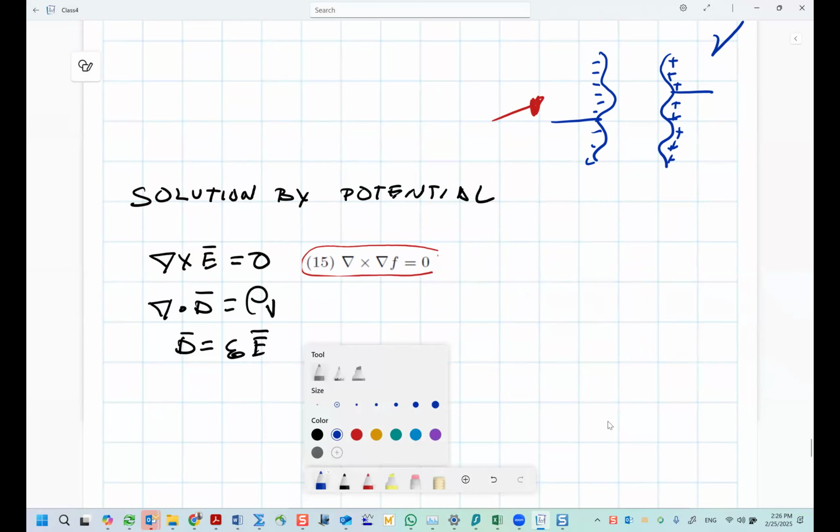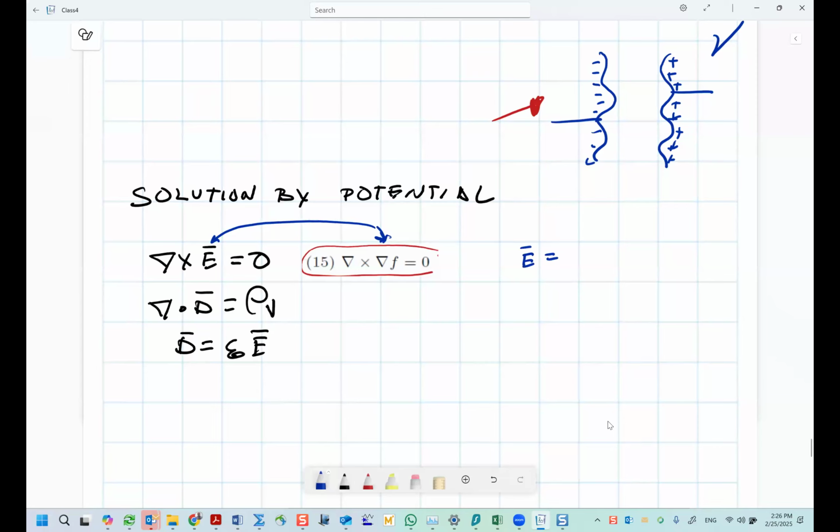So somebody can tell me, well, maybe I can say that E is equal to the gradient of F. If this electric field comes from the gradient of a scalar function, then if I happen to be able to find that scalar function, I solve the problem.